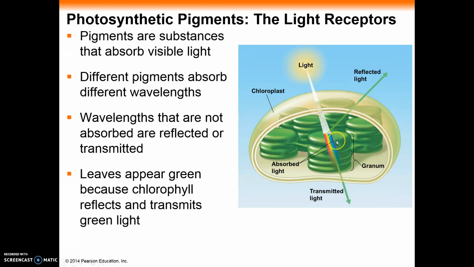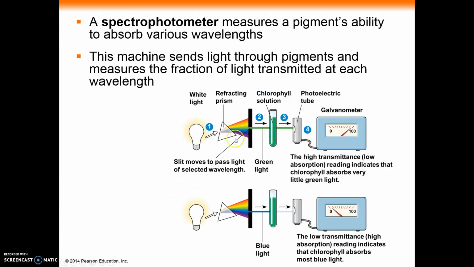So the reason why plants are green is that out of the visible spectrum, they absorb the blue, they absorb the red. It's pretty much green that doesn't get absorbed, so it appears to us as green. You can measure this through a device called a spectrophotometer. Here we have a white light that shines through a prism and creates a rainbow. We can turn that prism, and then we shine it onto a plate that has a slot, and we can select the color.